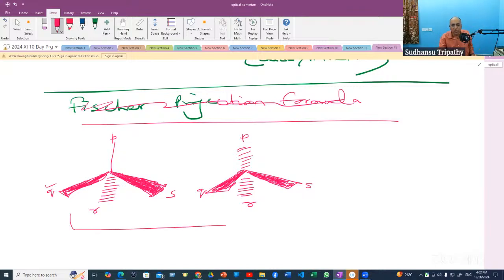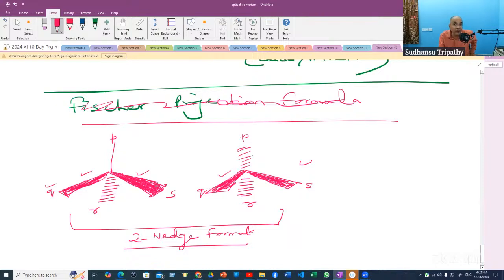So these two, we will call two-wedge formula because there are two wedges. But this, which we were calling funnily the flying wedge formula, I don't know who has given this name, I don't understand, but let us call it one wedge formula.